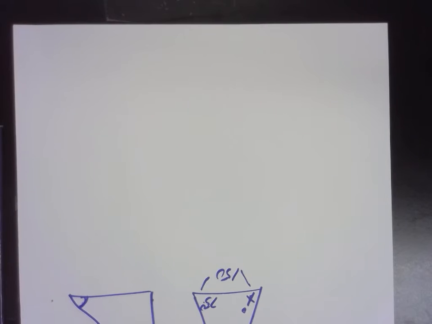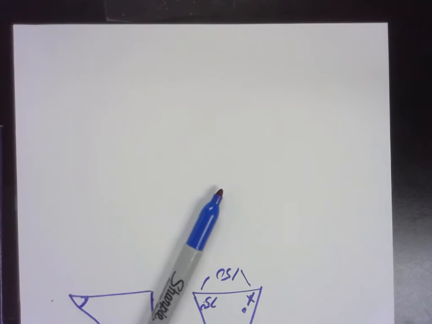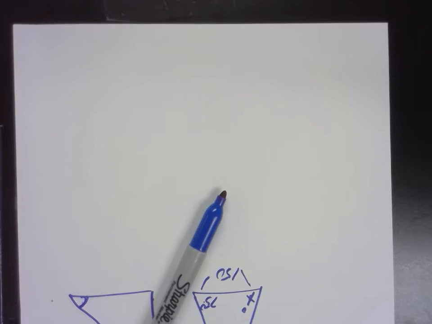In a coordinate plane, how can we classify a triangle? Let's look over on page 233 for a minute. Top example 2. What kind of triangle is that? Scalene?